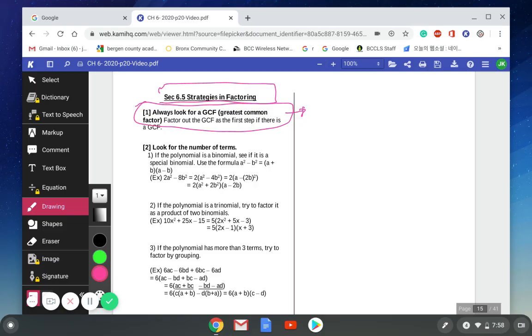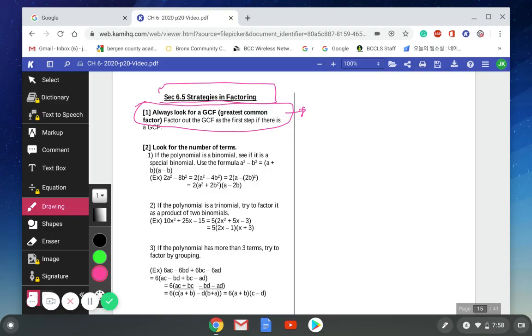Without that, things can become very tough. After you take the GCF out, maybe it clears the direction of the next steps. Because sometimes the question itself looks very deceiving. Okay, so always factor the GCF first if there is a GCF.